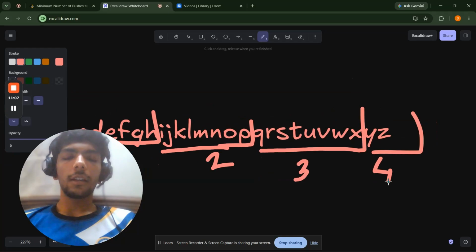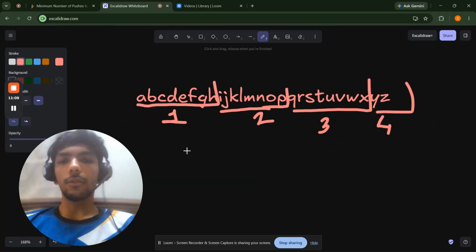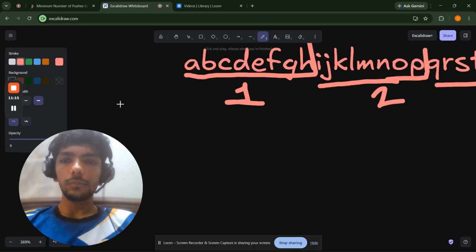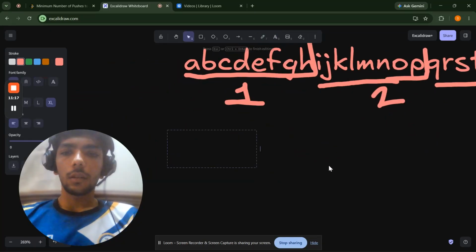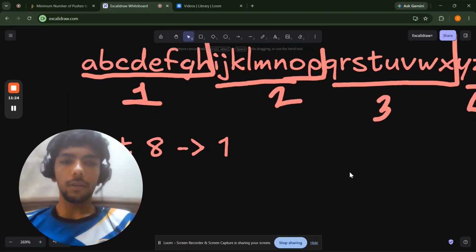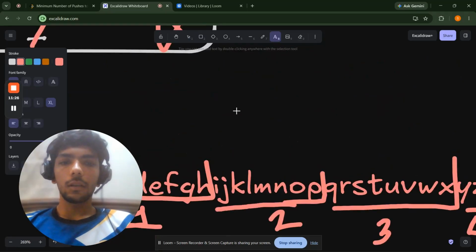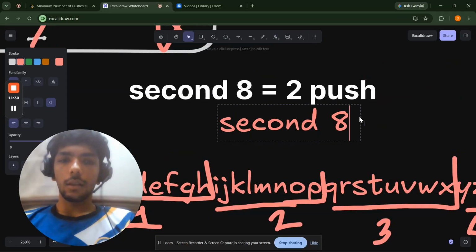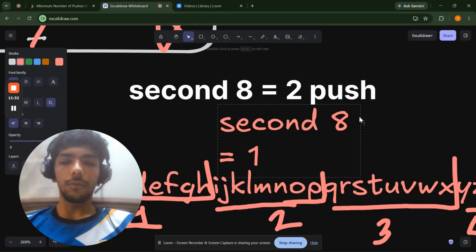You are like, so what if it is not in sorted manner? But it doesn't matter. The first eight will require one push. Second eight will require two pushes.